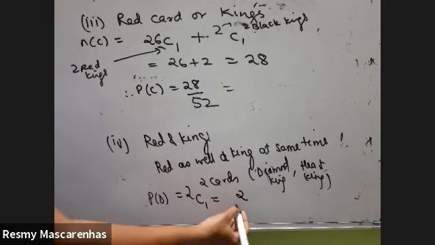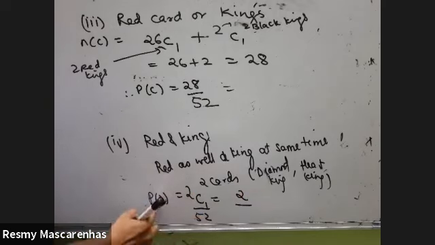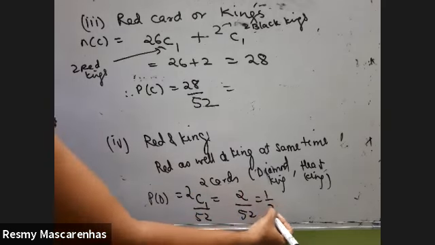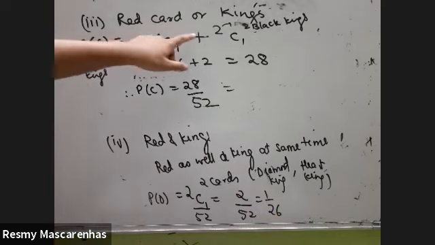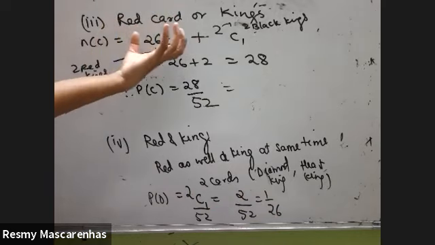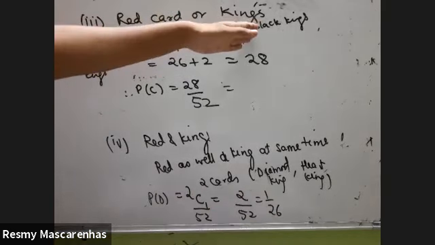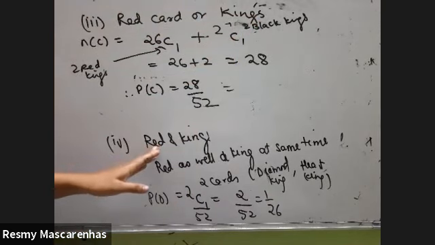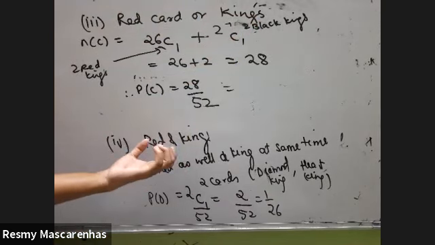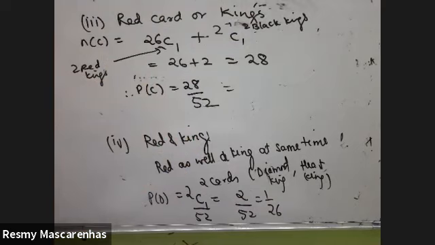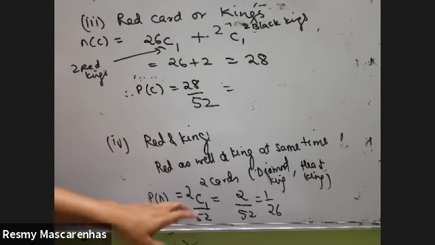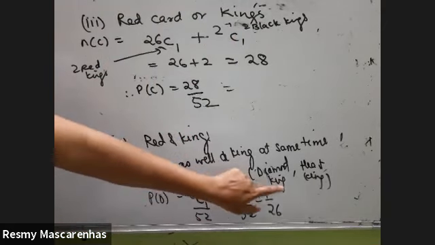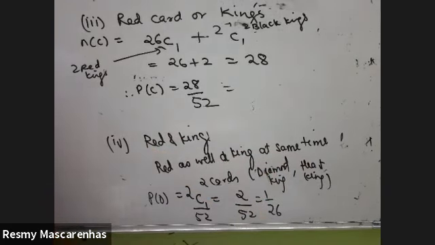The answer will be 2 upon 52, which is 1 upon 26. So see the difference. Or means it could be plus, so it could have all the 26 red cards or the black kings. Here what they are saying is it has to be red as well as king. So in short, it means they want the red kings. And means it has to be both at the same time. So there are only 2 cards which satisfy that it is a king as well as a red card. That is the diamond and the heart. So only 2 options.